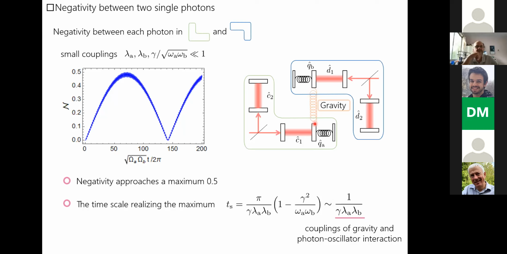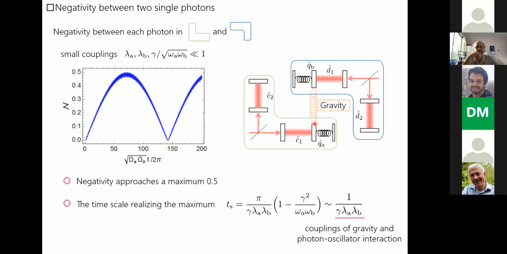Because like electromagnetism, some electromagnetic interaction between those two oscillators presumably will induce entanglement for the same reasons. Has anybody ever thought about that or done an experiment? We're trying to do the hardest experiment first. Why not do the easier one?